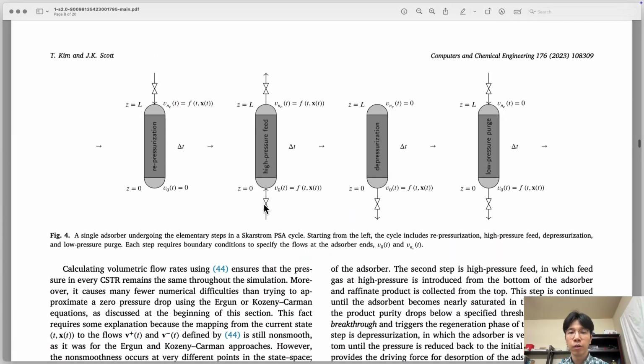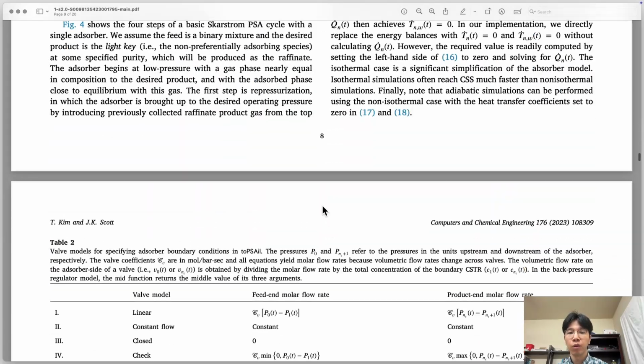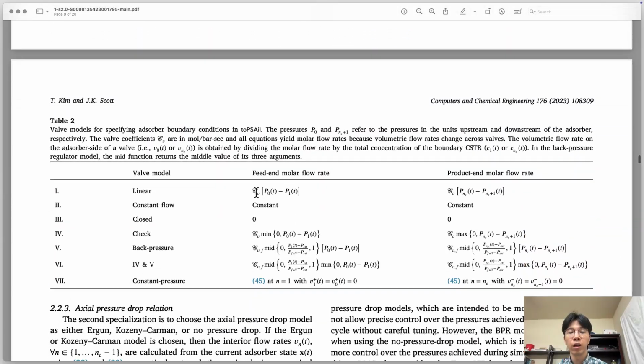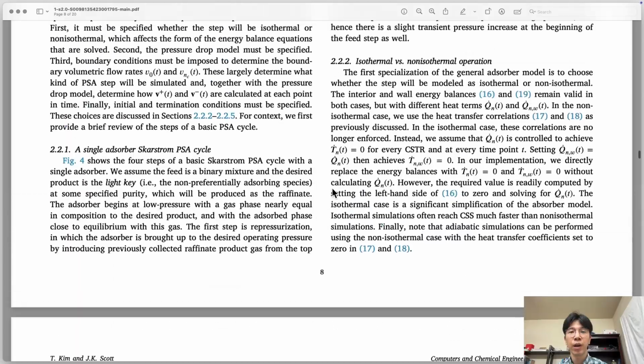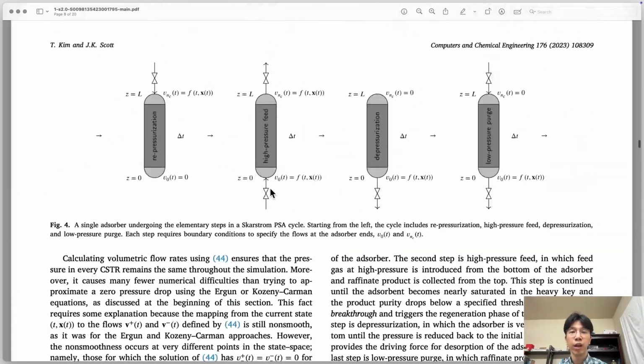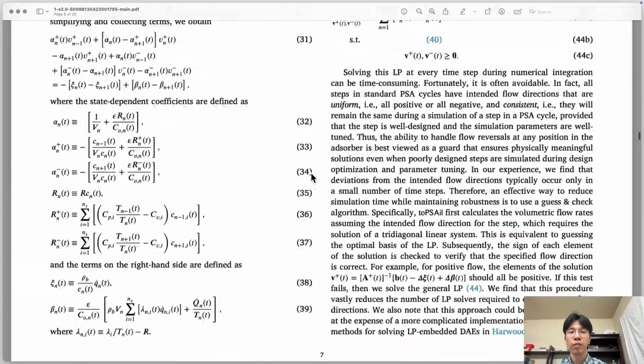So there can be linear valve and then pressure downstream and upstream, or similarly linear valve pressure upstream and downstream. In this case, pressure in the downstream is higher, so it's flowing up. In this case, pressure in the downstream is lower, so it's flowing out, right? So we can model different types of flow with linear valve equations, especially as boundary conditions for these adsorption columns towards the end of the CSTRs, right?